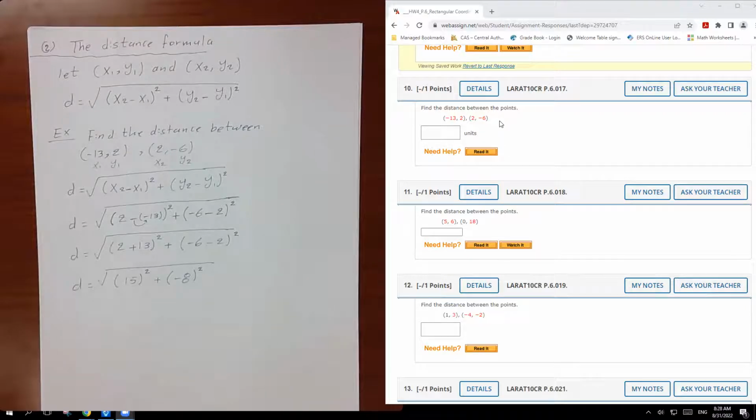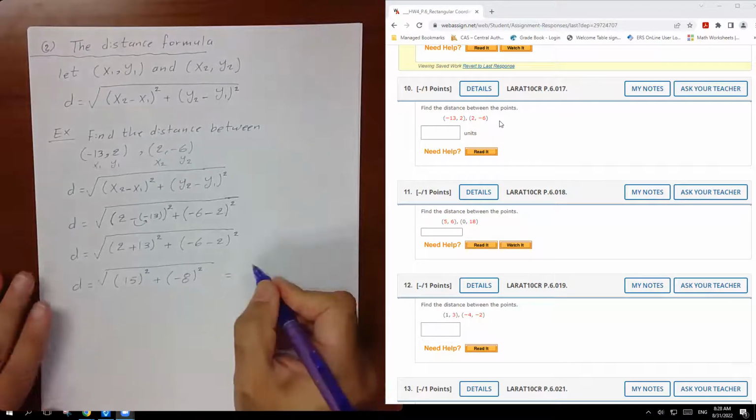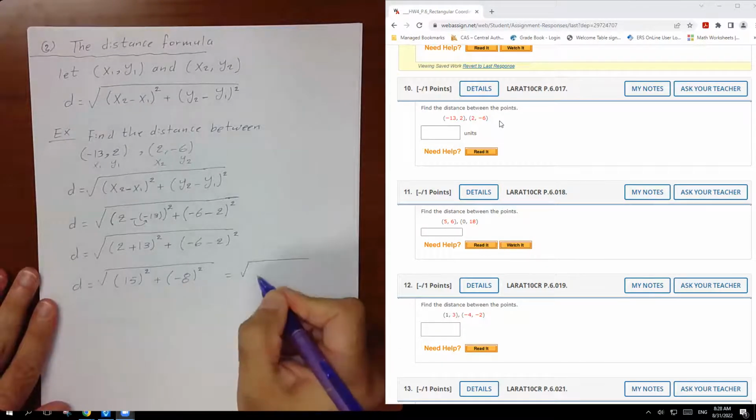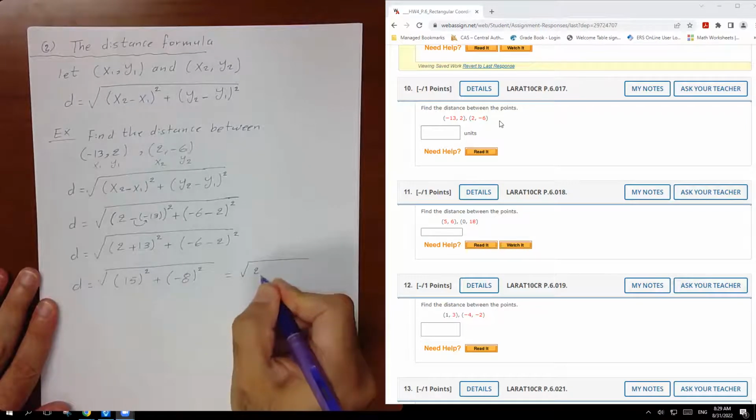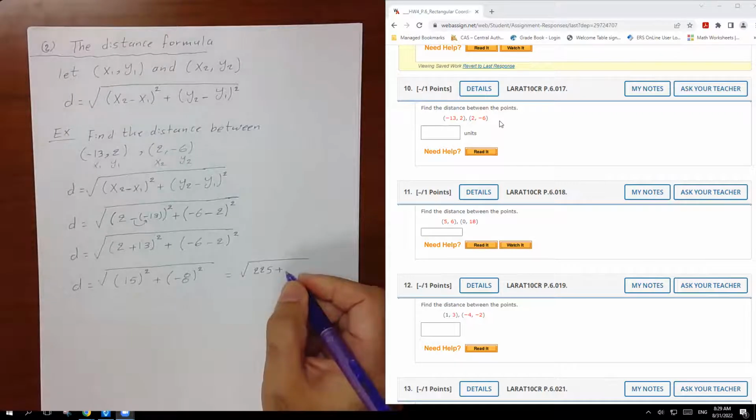So now the first one is 15 squared, which is 225, plus negative 8 squared, which is positive 64.